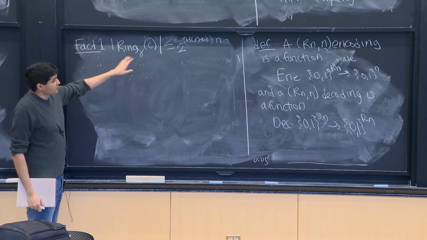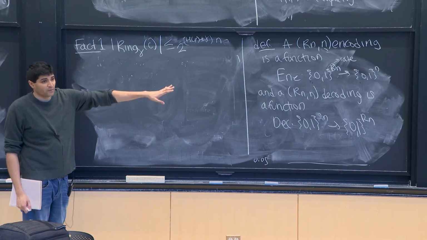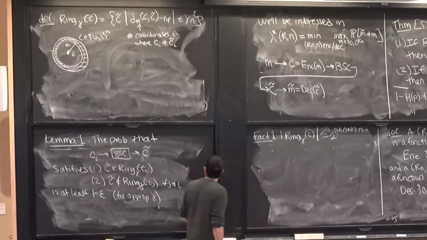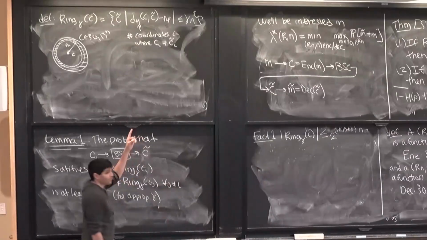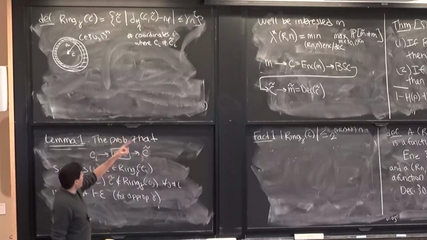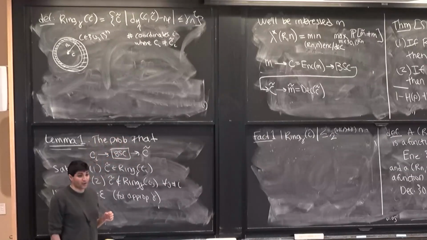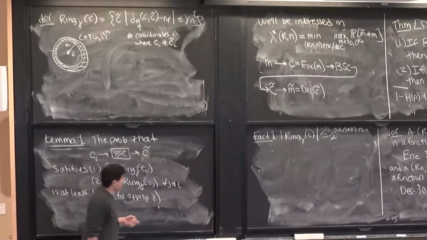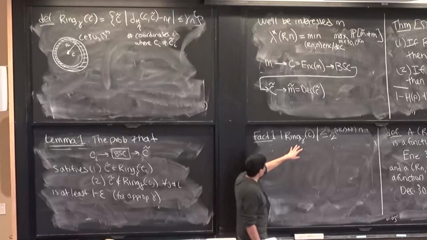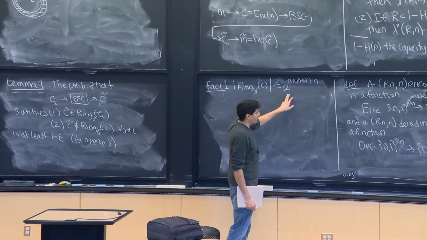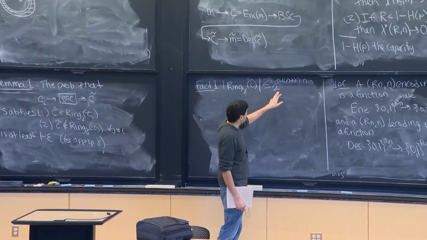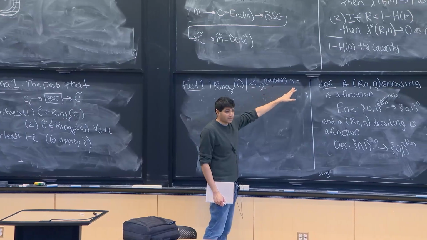So all this is really related to this fact, right? Think about the case where gamma is 0 for our definition of the ring. All that's happening is the number of things that are in our ring is n choose pn. And so our fact tells us that in that case, when gamma equals 0, it behaves like 2 to the entropy of p times n.